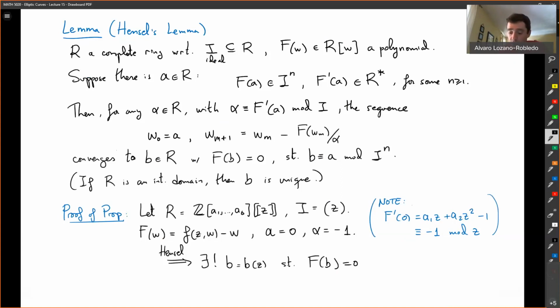It is a root. In particular, this says that B is f of ZB. So it satisfies that property, and we have such a solution.